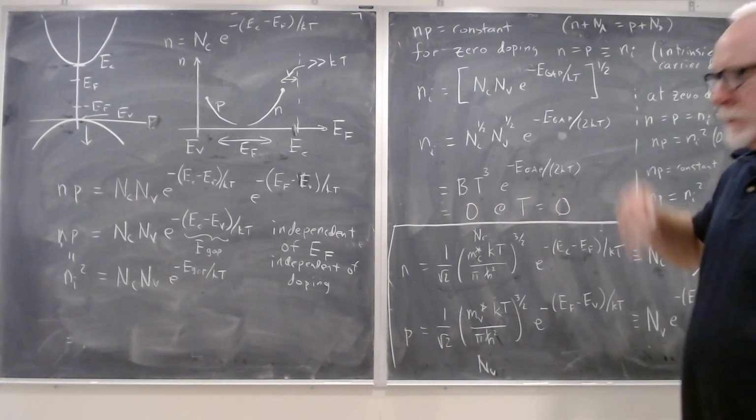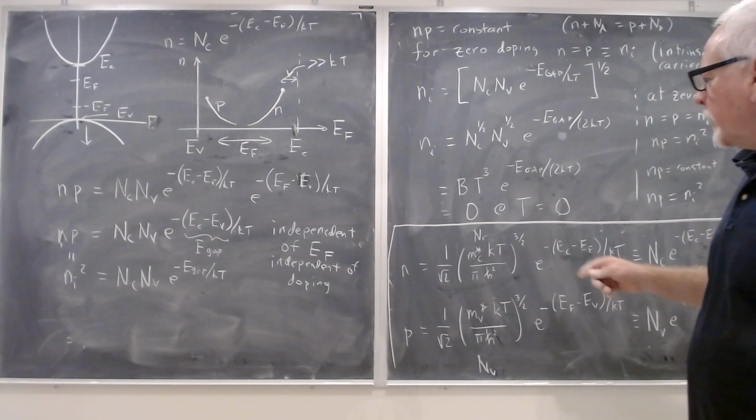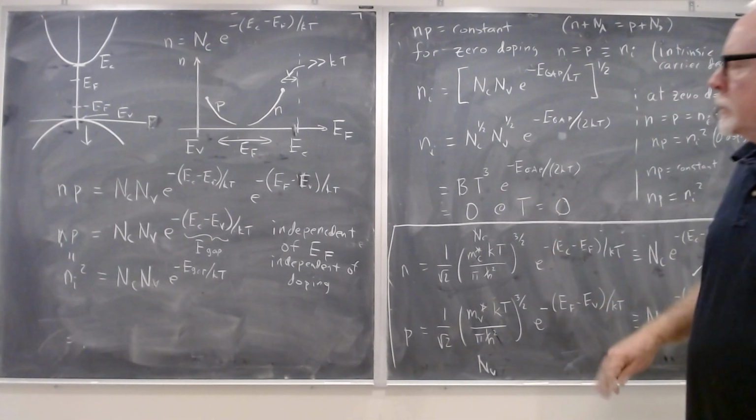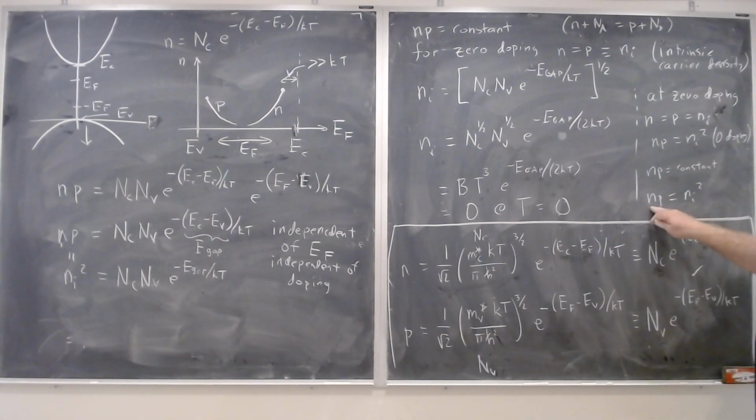Ni is this thing. It doesn't depend on doping or anything like that, but it does depend on temperature. So Ni goes up when the temperature goes up, and the product of Np is always equal to Ni squared. This was a super important rule that I made you memorize before the midterm, even though I didn't explain how it was true, because it's so important to remember that.